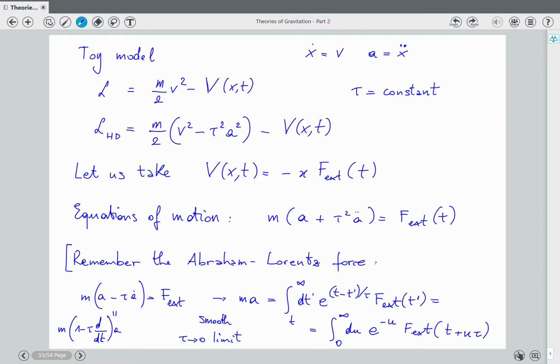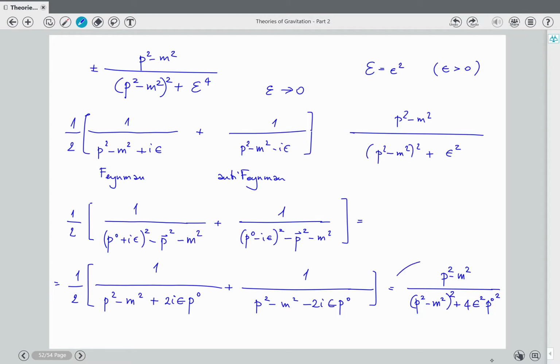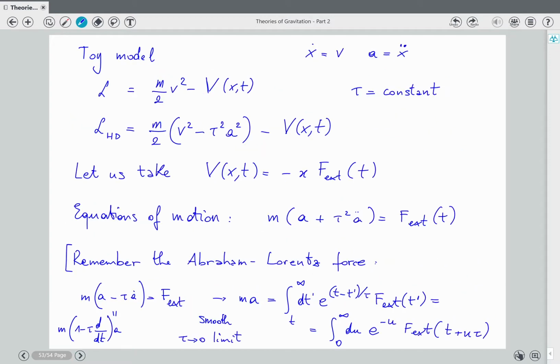And there was only one, no runaway solution, but violations of microcausality. Here, we can do the same, but there is no requirement of smooth tau going to 0 limit, or actually, in the end, it will be like the same, but the requirement is this Green function, that is to say, the sum of the retarded and advanced potentials.